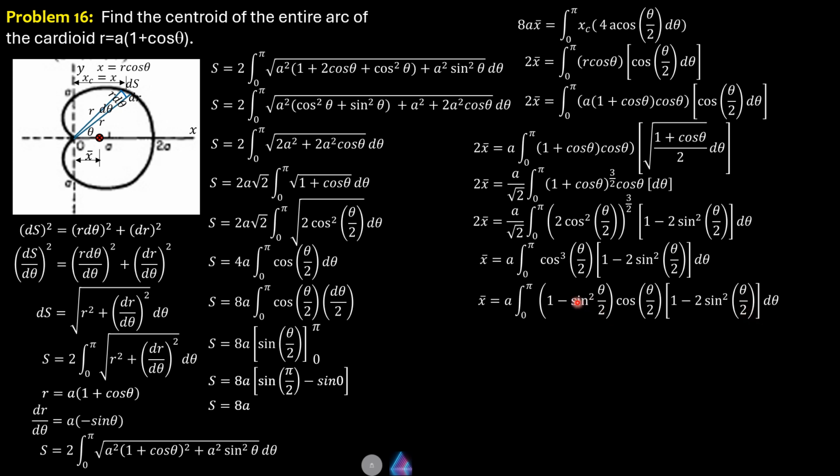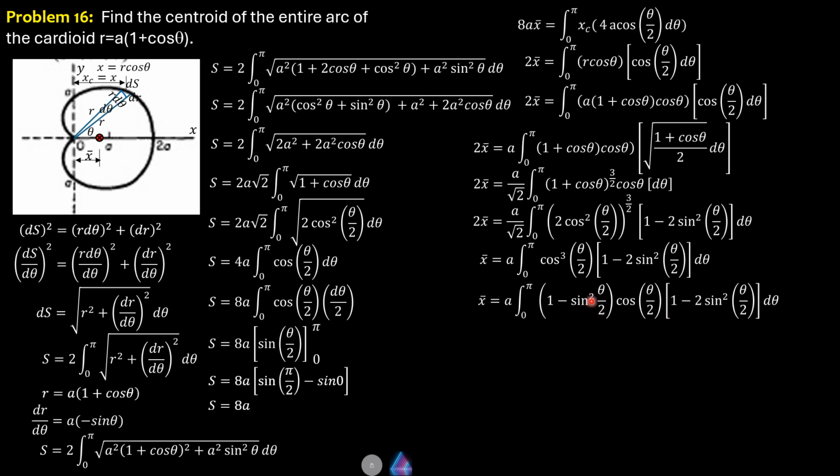So again, this is originally cosine square theta over 2 times cosine theta over 2, so that makes it cosine cube of theta over 2. Then we distribute these quantities inside the parentheses and this inside the brackets. So we have 1 minus 2 sine square theta over 2 minus sine square theta over 2, so that would be 1 minus 3 sine square theta over 2.